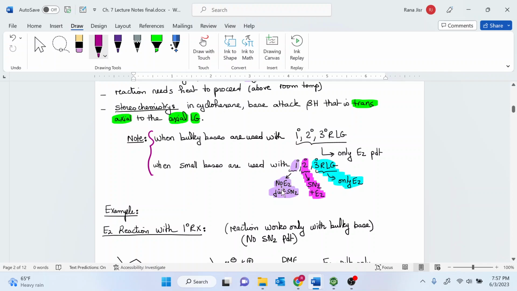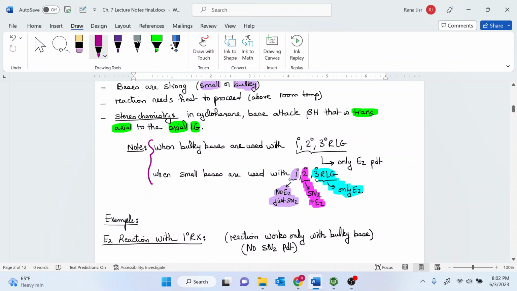So with primary alkyl halide, you'll never have an E2 mechanism if you are working with a small base. You need a bulky one. However, if you're working with a secondary or tertiary, you can have E2 elimination. Pay attention that tertiary alkyl halides don't proceed by SN2, they only proceed by E2.